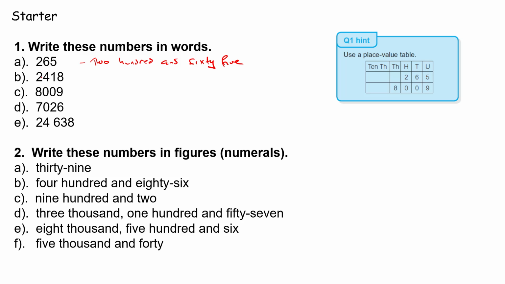The next one, that's going to be in the thousand column there, so it's 2000. Four hundreds, 10 and 8. So 2,418.